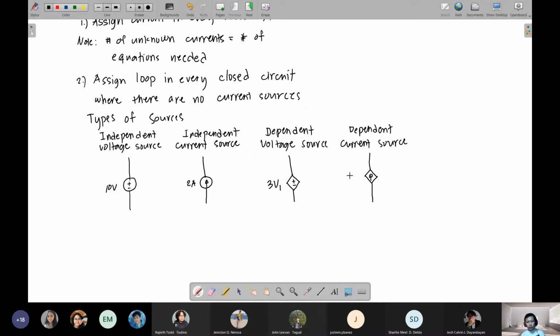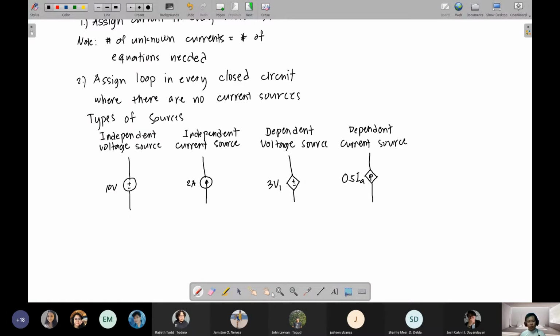Let's say, for example, this is 0.5 IA. So this current is dependent on the current IA. Whatever the value of IA, multiply it by 0.5, that would be the value of this current source.